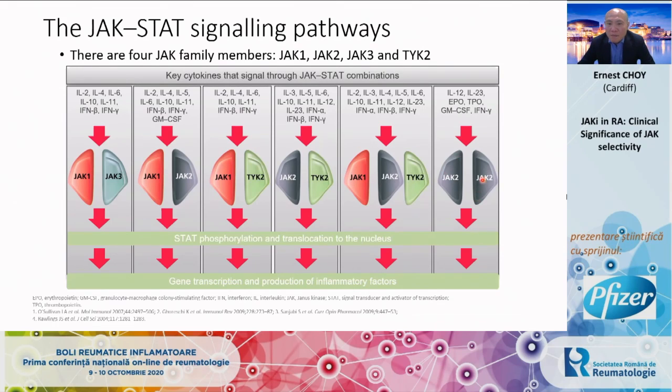So what it means is that if you want to inhibit these cytokines, you must inhibit JAK2. Now, because the JAK isoforms act as a pair, you don't need to inhibit both sides of the cytokine receptor. You only need to inhibit one of the pair to have an inhibitory effect on the downstream pathway.